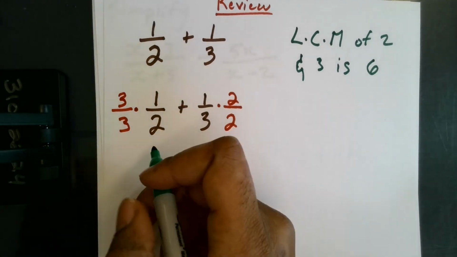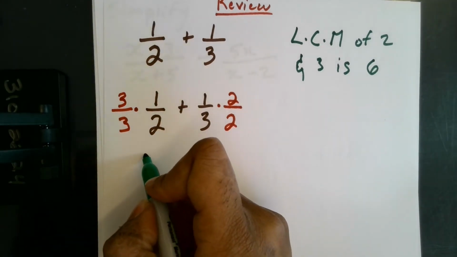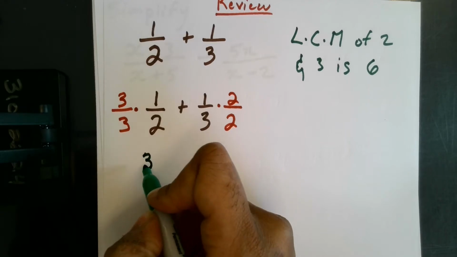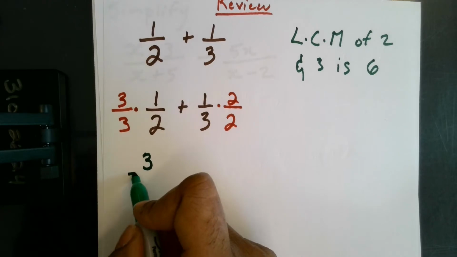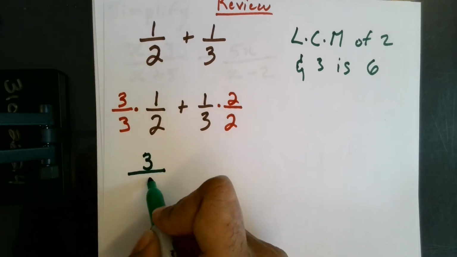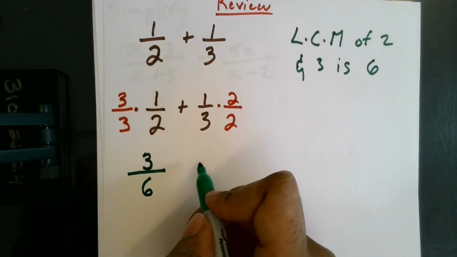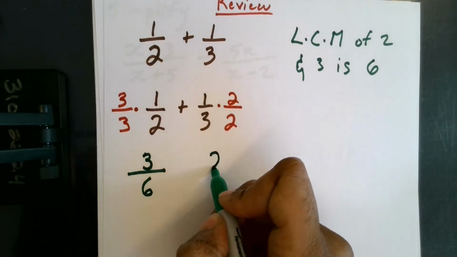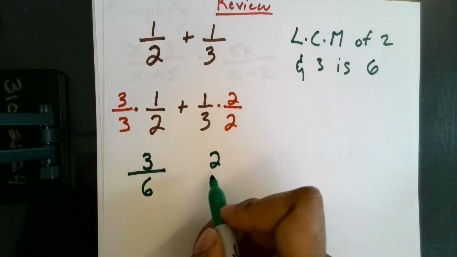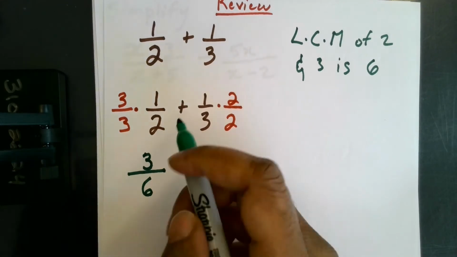So now I have 3 times 1 is 3, right? And 3 times 2 is 6. And 1 times 2 is 2. 3 times 2 is 6. And we are adding, yes?